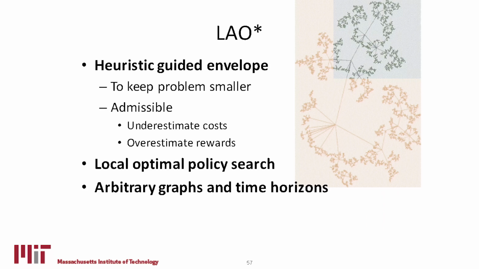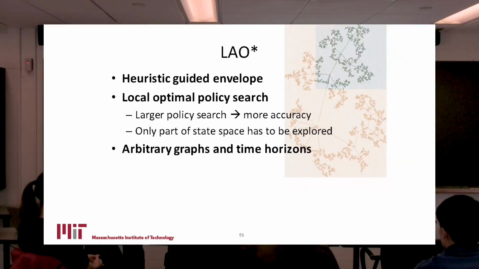We figure this out with some admissible heuristic, with overestimated costs, overestimated rewards, just like A star. The idea here was that we'll keep the problem small, so we don't have to search with value iteration over a giant state space. What we'll do next is, as the state space expands and we get a bigger picture of the states that we're interested in, we're going to do value iteration.